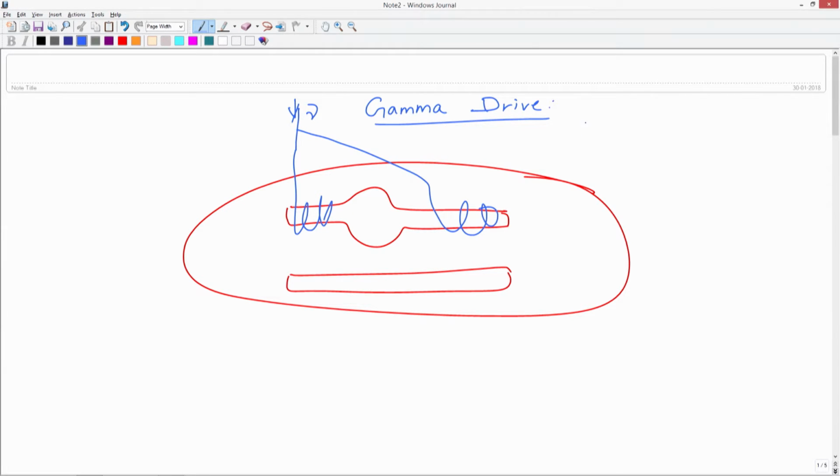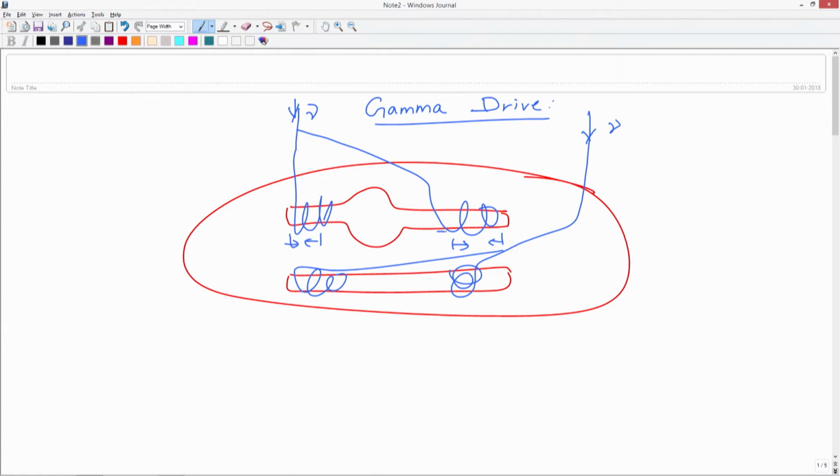Similarly, here also, this also gamma. So, what happens when you stimulate the muscle? It contracts, correct. So, this part of the muscle alone is going to contract. Similarly, this part of the muscle alone is going to contract.